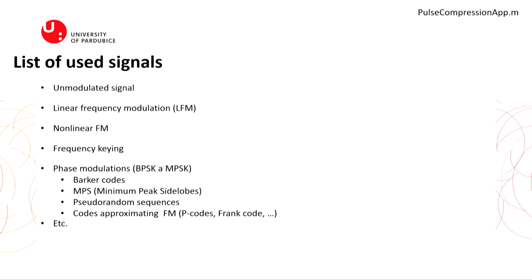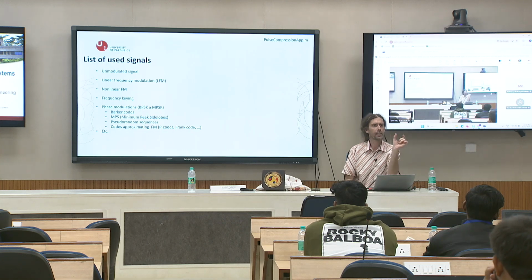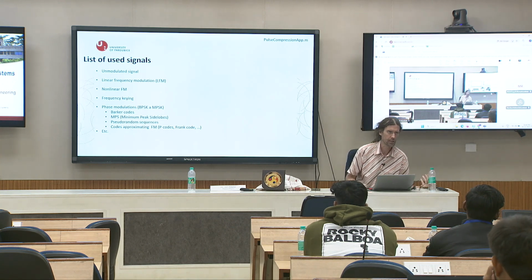So BPSK, MFSK, QPSK, Barker codes, minimum peak sidelobe codes, pseudo-random sequences, code approximation, P codes, Frank codes, and so many others. Guys, this is just a definition of what is inside the pulse. And each of these signals has its own unique properties, generally.